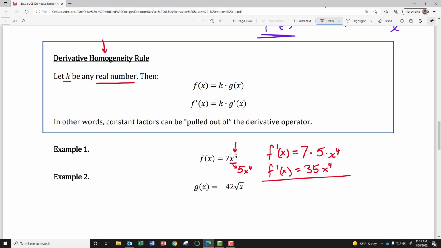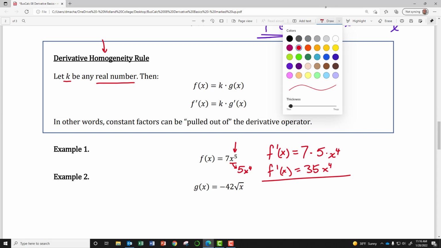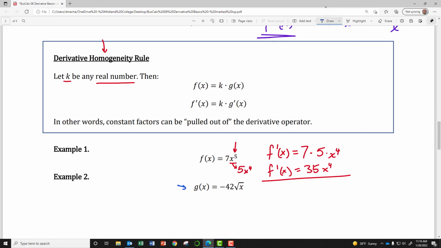All right, very good. Example 2 down here says that my function is negative 42 times square root x. And again, my homogeneity rule says just leave that constant multiplier alone. So we're going to leave negative 42 alone here. And then what would be the derivative of just square root x?